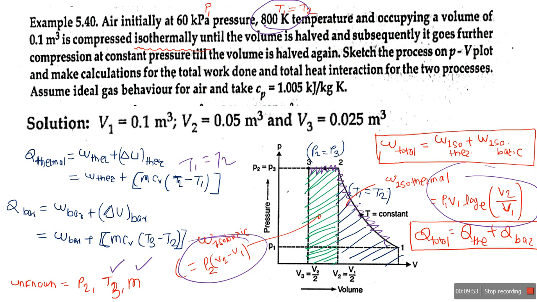We are plotting the graph on PV, so see the nature of the curve. Now we calculate only T3, and we need P2, because the work done in the isobaric process is at P2. So first we calculate P2. These are the three unknowns.